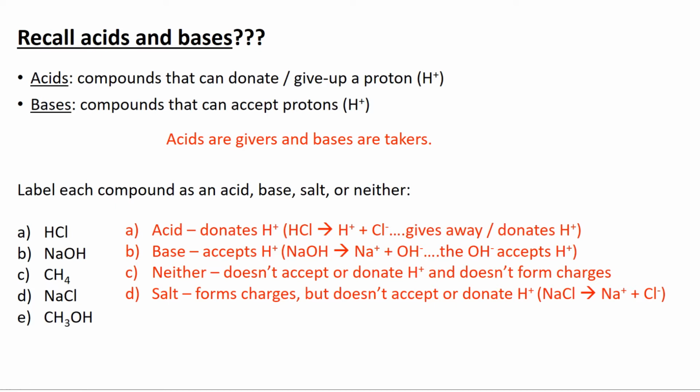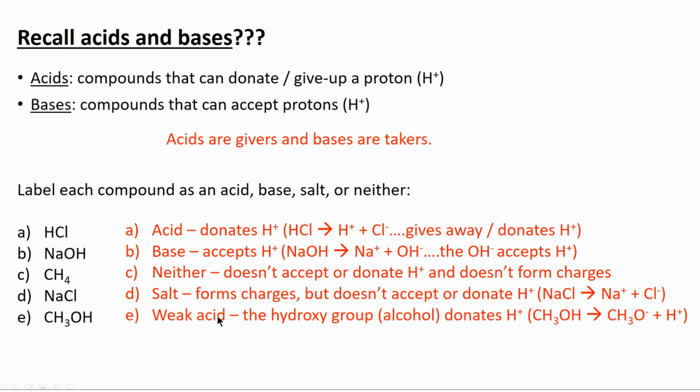Therefore, you do not want to think of this OH the same as this OH here. Instead, it's going to actually act different. This is a weak acid. And that's because the hydroxyl group, this OH here, donates a proton. So this CH3OH actually dissociates very, very slightly, which is why it's a weak acid, into CH3O minus and H plus. But this is a very weak acid.